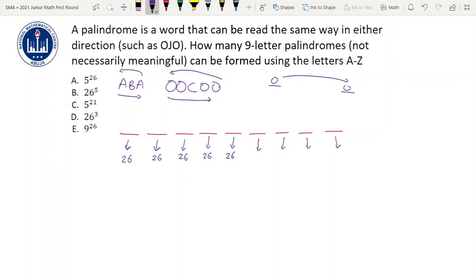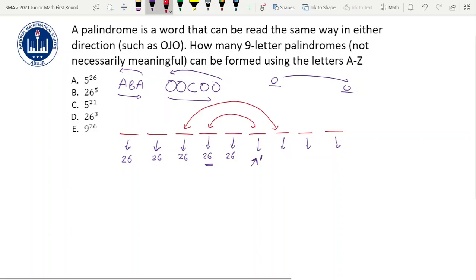Okay, so now at this point we're no longer free to make a decision on what the letter here will be, because since this word is meant to be a palindrome, the letter here has to be the same as the letter here. So in a sense, we only have one option for what this letter can be, and that has to be the letter that we have on this spot here. In a similar vein, the letter we have in this third spot should be the same letter that we have here, right? So we're not really free to choose what letter we'll put in this third to last space.